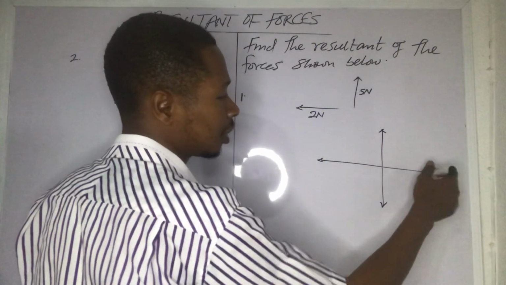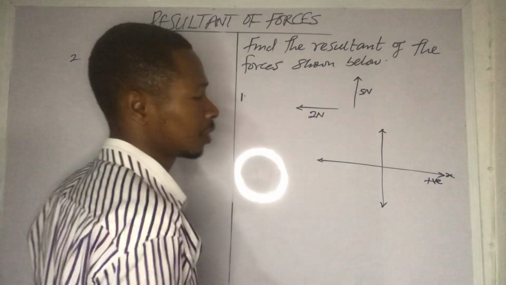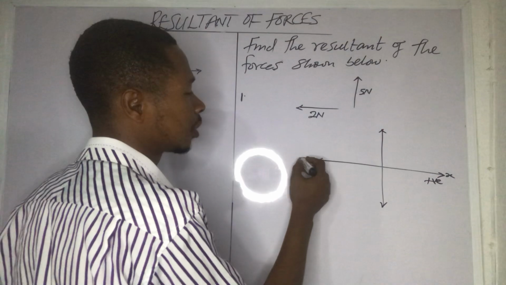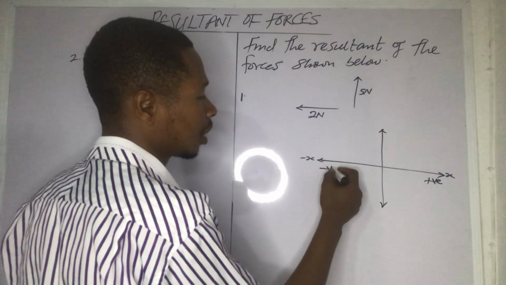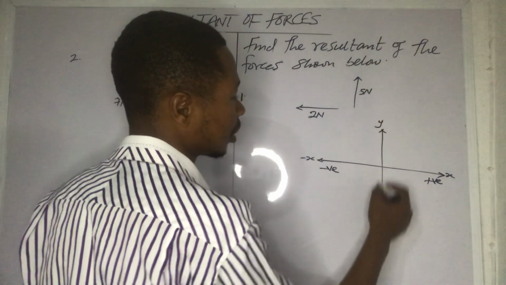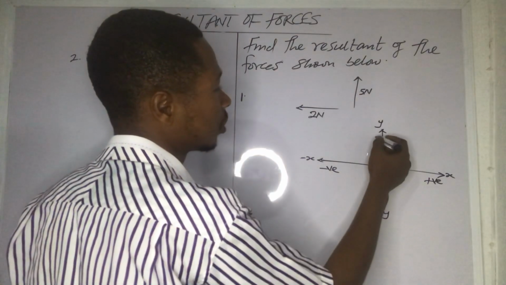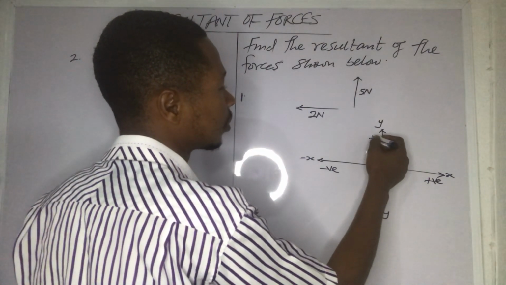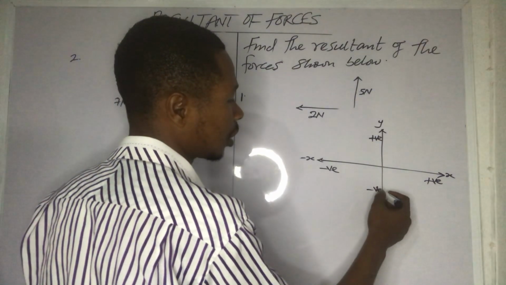Any force acting in this direction is taken as positive because this is the positive x-axis. This is the negative x-axis, so any force acting like this is taken as negative. This is the positive y-axis and negative y-axis. Any force acting upward is taken as positive, while any force acting downward is taken as negative.